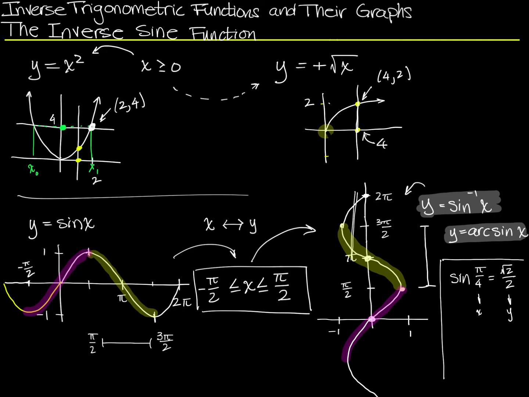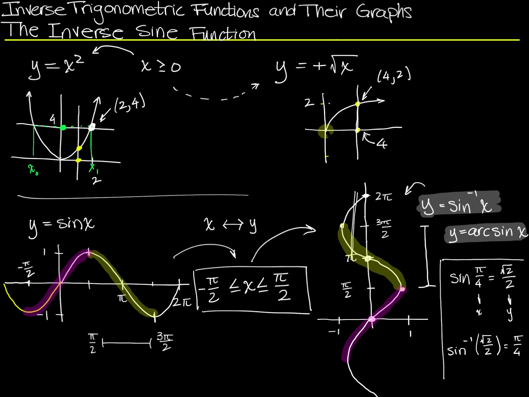This is my y value, my output value, my dependent variable. So the sine inverse, then, remember that inverses switch the roles that x and y play in an equation. So if the sine of pi over 4 is root 2 over 2, the sine inverse of root 2 over 2 is pi over 4.